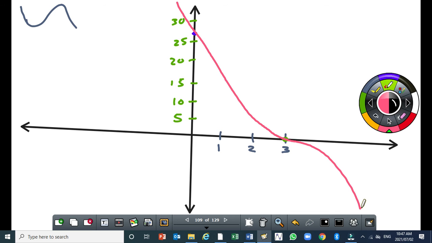There are three things there. That point there is an x-intercept, it's a point of inflection, and it's also a stationary point. That's unique now to this graph. Are there any questions there?